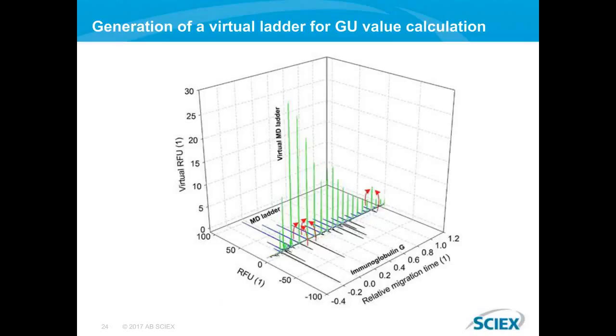But actually, SCIEX came up, with the help of University of Debrecen colleagues, with this patent-pending technology of using only 3 of these glucose ladder components: the maltose, the maltotriose, and the maltopentadecaose, the 2, the 3, and the 15-mers. Because with that, using the original ladder, we can calculate a virtual ladder, which would be good enough to define the glucose unit values.